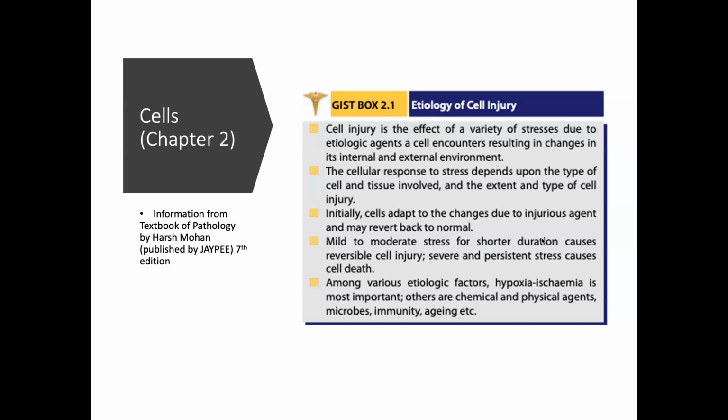Severe and persistent stress causes cell death. Also, number 2, the cellular response to stress depends on the type of cell and tissue involved and the extent and type of cell injury. So it all varies, and that's what we need to know about cells.